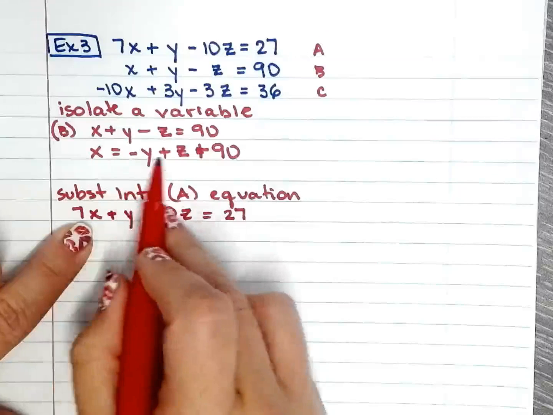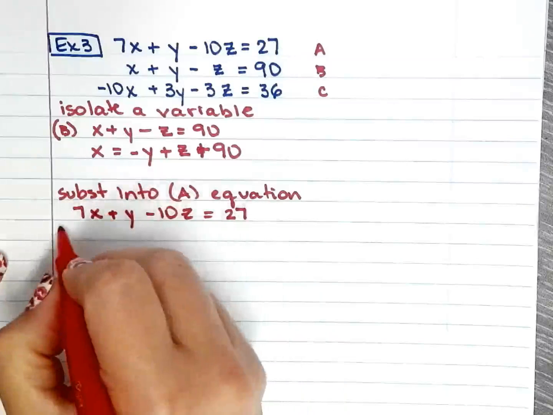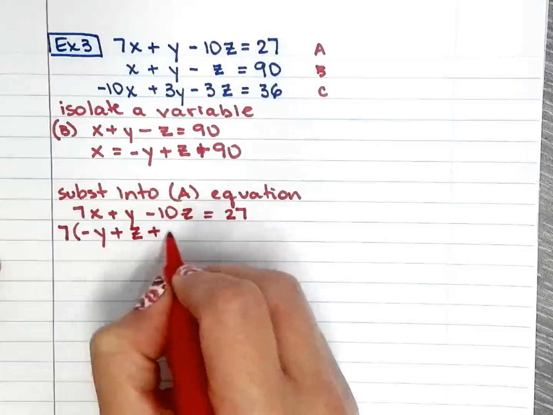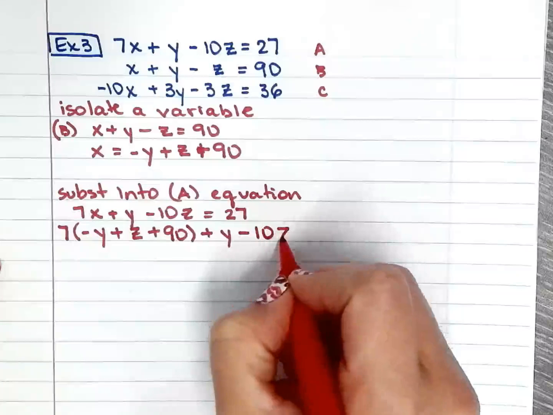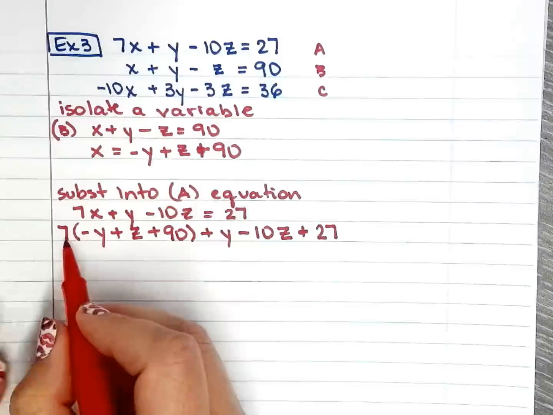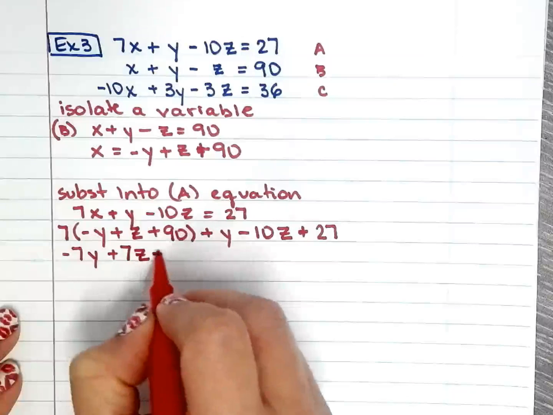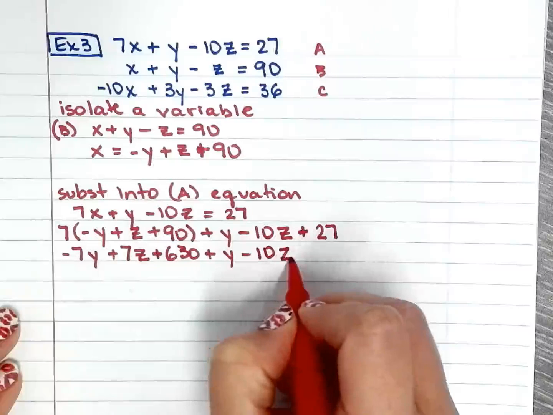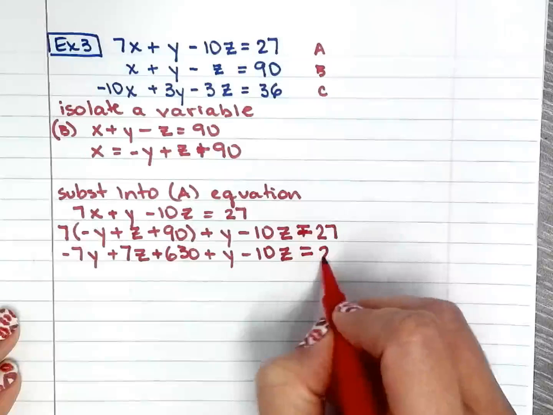I know x is all that stuff, so instead of writing x, I'm going to write what x really means. Distribute 7. It's not plus 27, sorry about that, equals 27.